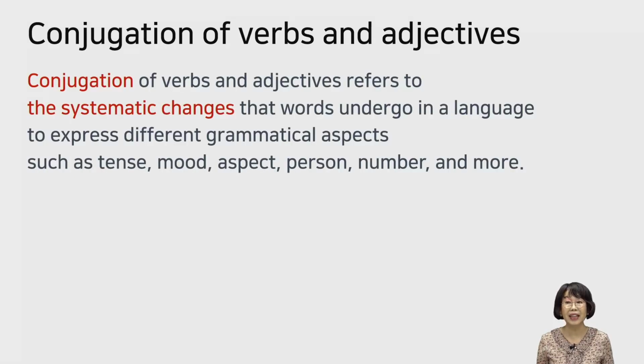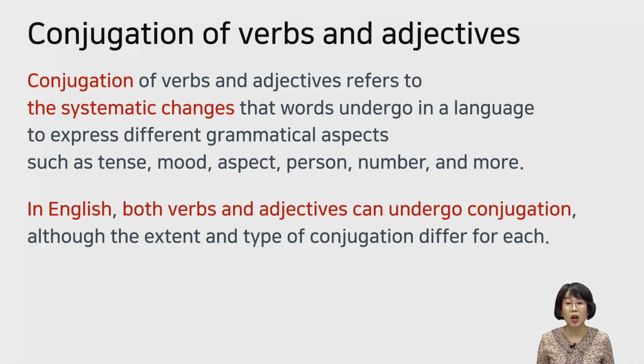Conjugation of verbs and adjectives refers to the systematic changes that words undergo in a language to express different grammatical aspects such as tense, mood, aspect, person, number, and more. In English, both verbs and adjectives can undergo conjugation, although the extent and type of conjugation differ for each.